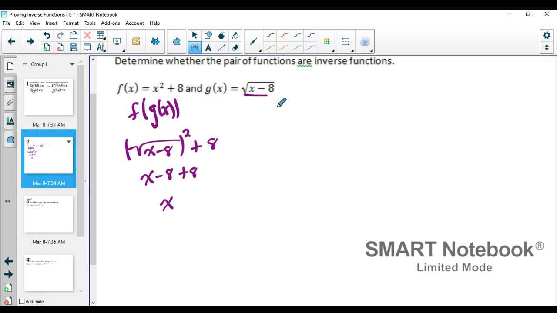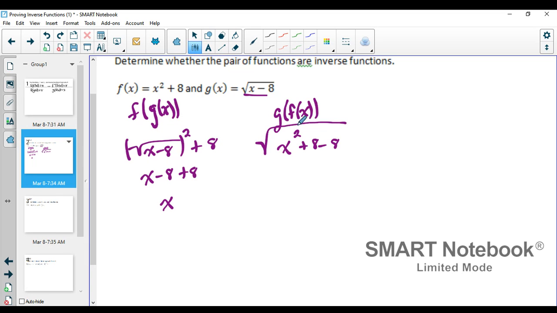But now we have to do it the other way. So we have to do g of f of x. So now that means we're putting the f of x function in for x in g of x. So we have x squared plus 8 minus 8, but all of that is underneath the square root sign.